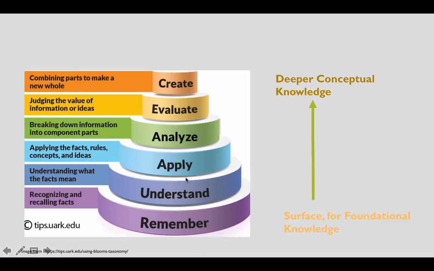Down here, this is surface or foundational knowledge, and as you move up, you get to deep conceptual knowledge. Remember, think of this as foundational. No, you can't create if you don't have anything to draw from in order to create. You have no pieces and parts to put together. And so don't think that students don't need surface or foundational knowledge. It's just that when information needs to be learned at the deep conceptual level, then we need to move forward on that.